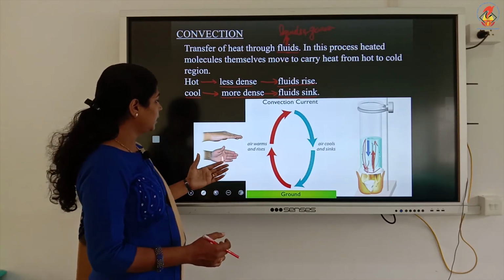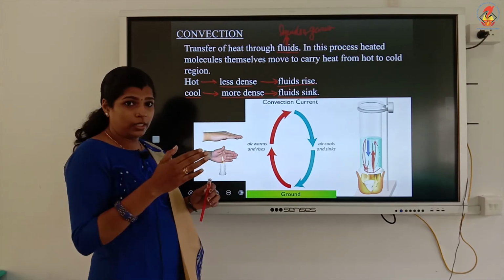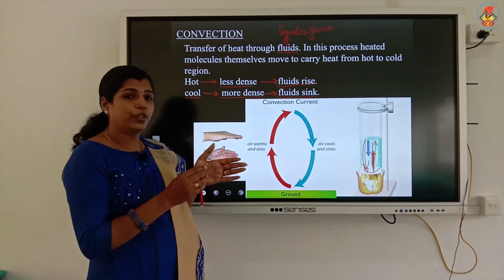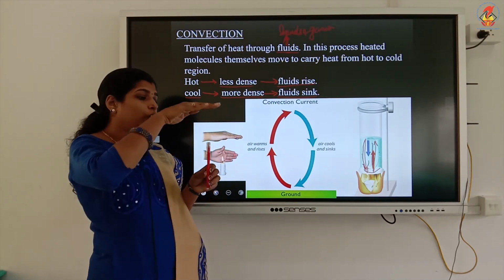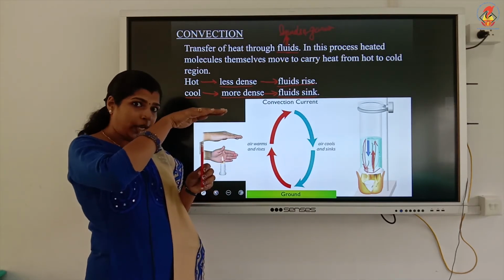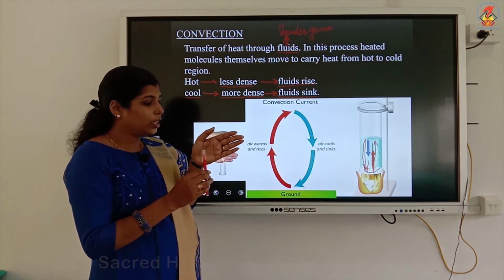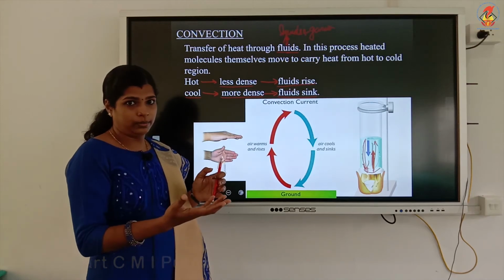Here a lighted candle is there, and now we have to place your hand just above the candle and on the side of this candle. Suppose this one is a lighted candle, you need to place your hand above it and at the same time on the side of it. Which one do you feel more hot?